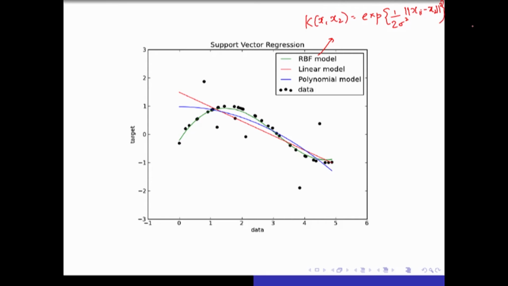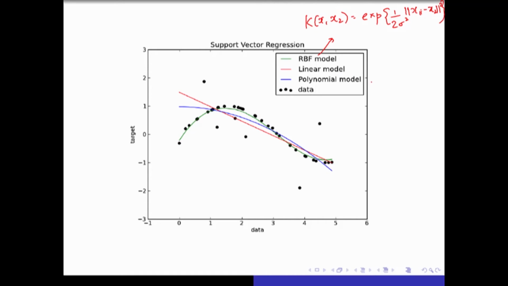Now this exponentiated distance can be computed as dot product of phi's, but in an infinite dimensional space. Now you can see from this curve that the choice of the RBF kernel in the SVR model gives you much better fit, at least on the training set. A lot more points get satisfied. You were able to find very non-linear fits.